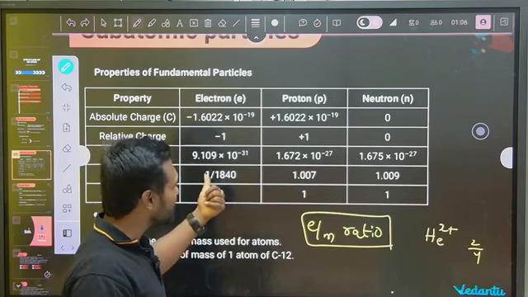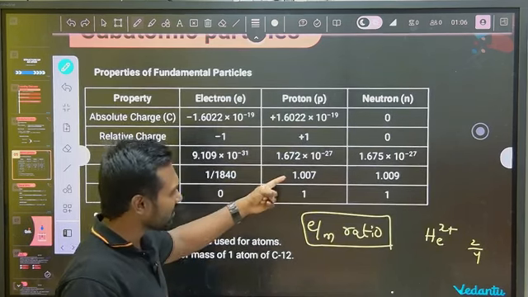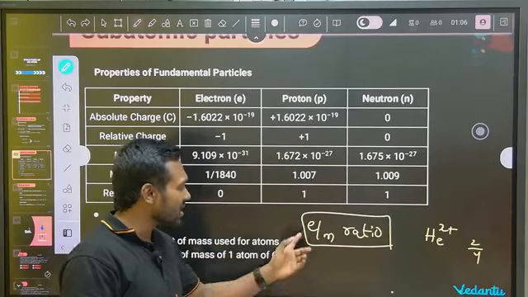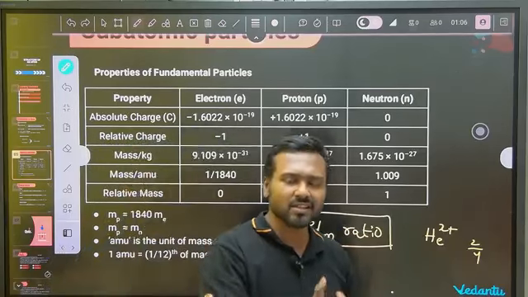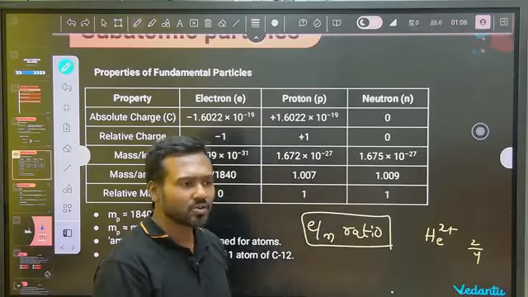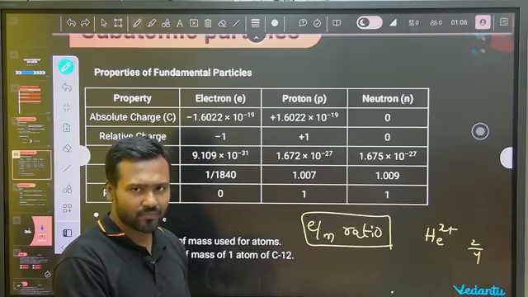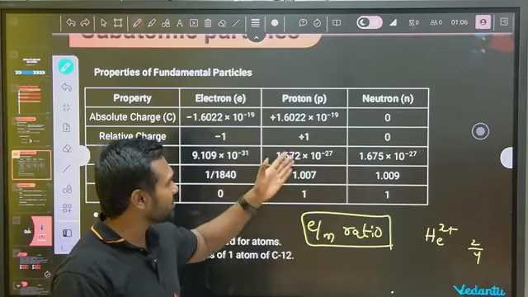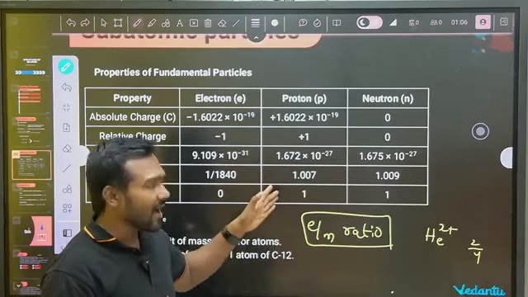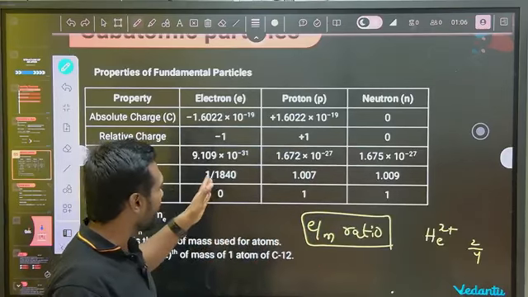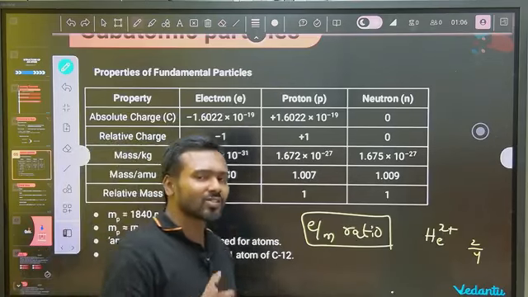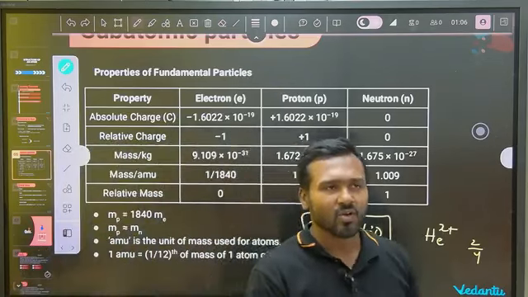That means the electron will give you the highest value. So electron is the highest e by m ratio, next proton, next alpha particle, and the least is neutron, because its charge is 0, and 0 by anything gives 0. So neutron gives 0, alpha particle gives half, proton gives 1, and electron gives 1840.